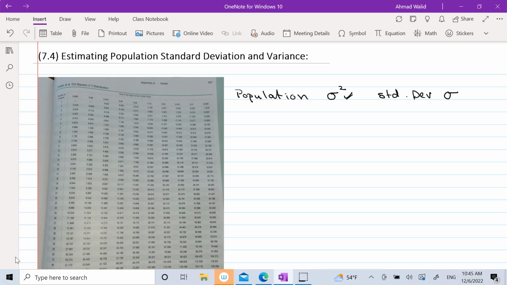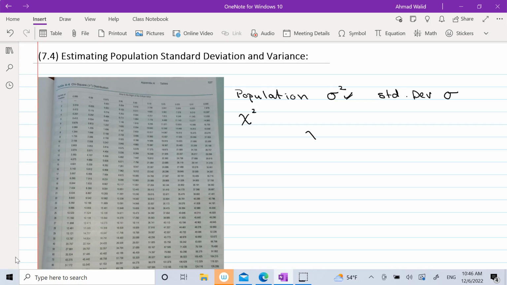We are dealing with another score, which is written like a capital X but with two sides like this, and we call it chi-square. This will be table A4 in your book, and we use chi-square to estimate the population variance and the population standard deviation.